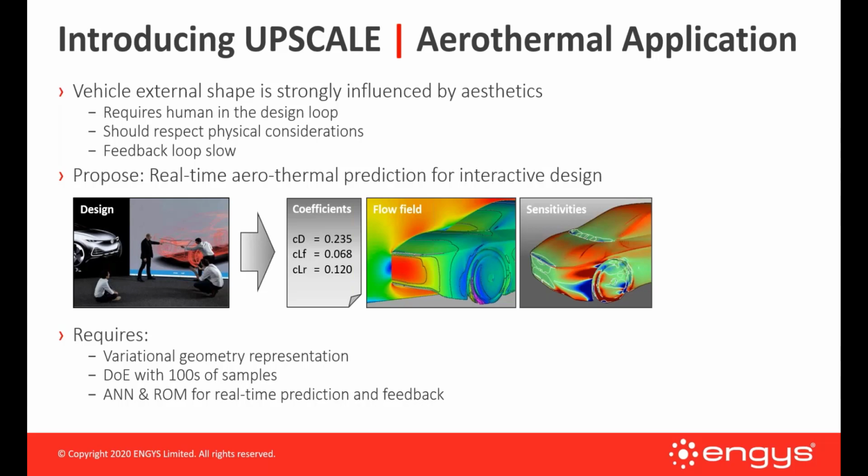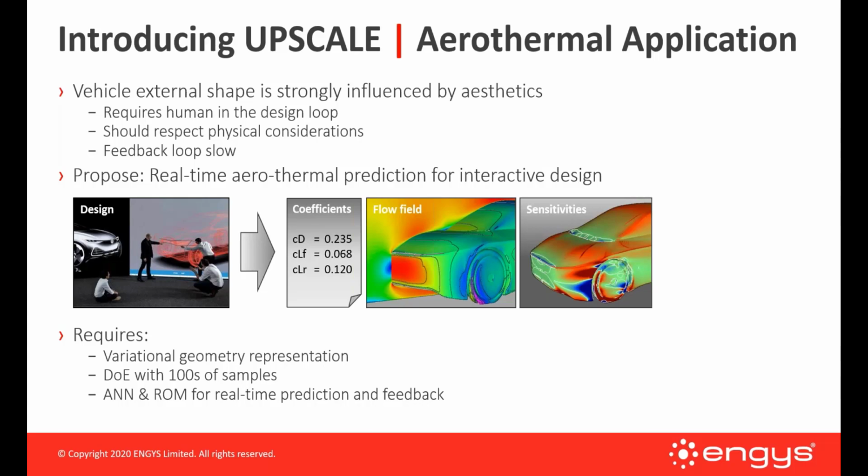So the idea is that we have this real-time capability that we train beforehand. We take hundreds of sample geometries, mostly similar to what we expect to come out the other end. We run a DOE on those different samples, and then we train either a neural network or a reduced order model, or both.